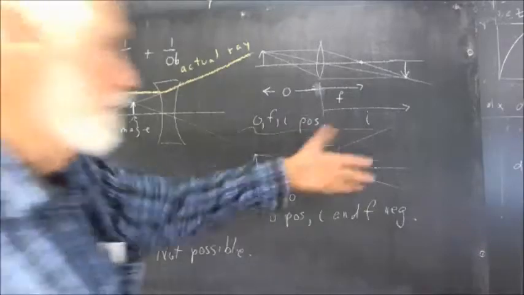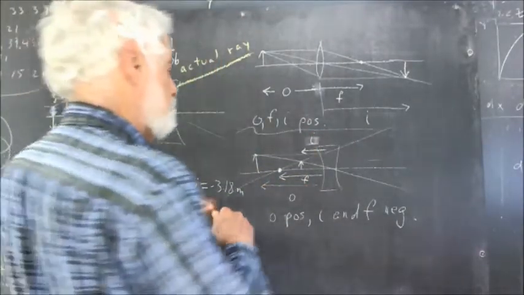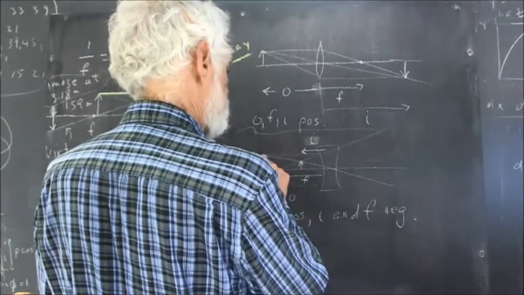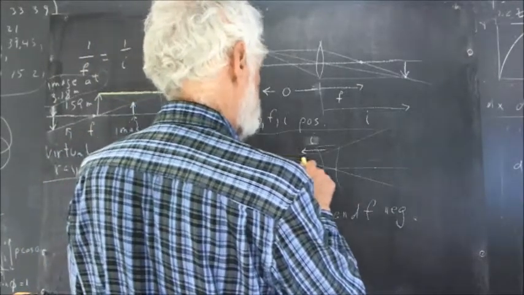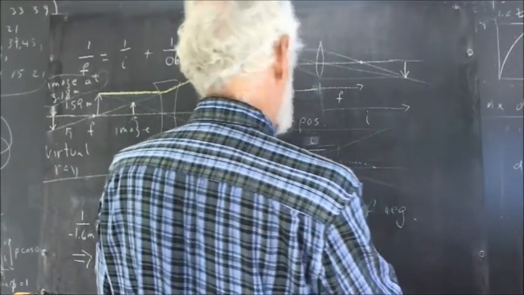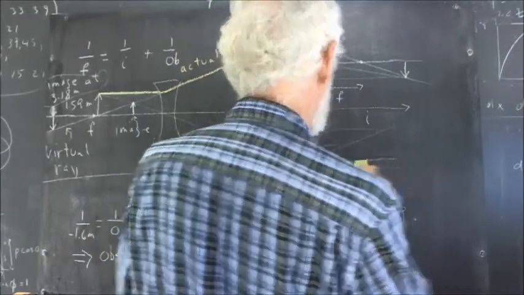Okay, what I was saying here, I might as well finish saying it since I just figured out what I'd said wrong. If this ray is aimed at this focal point, then it comes out of the lens parallel to the axis.